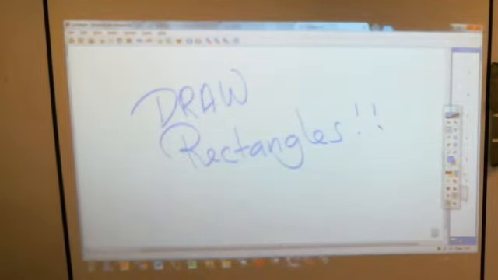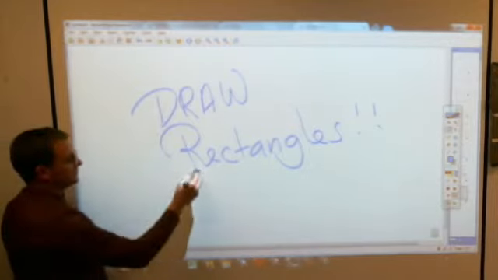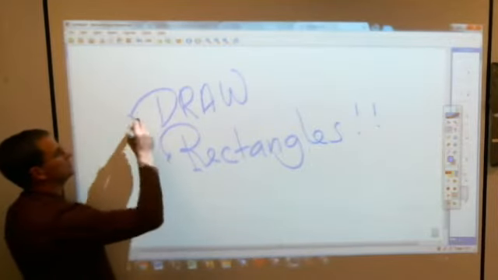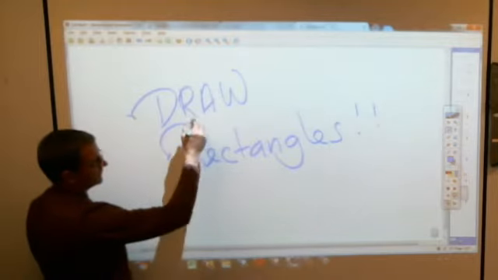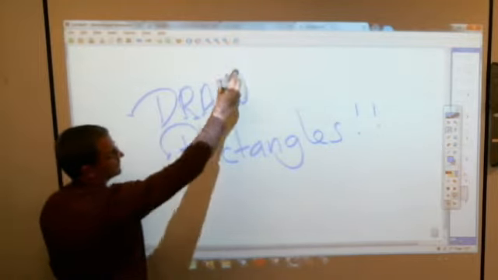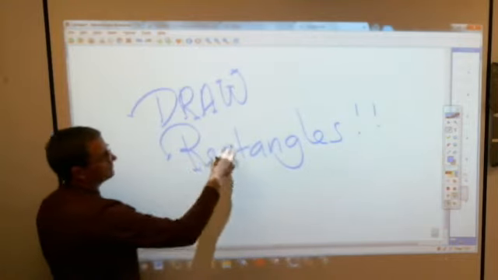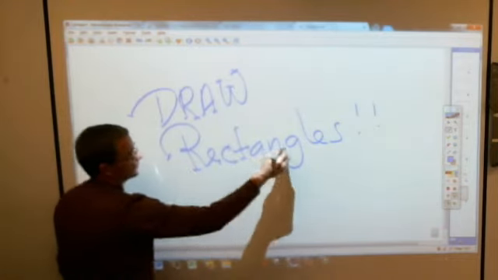I've had other kids from other classes actually do whole sheets of just drawing these. We had to draw rectangles after rectangles after rectangles. It won't take you very long.